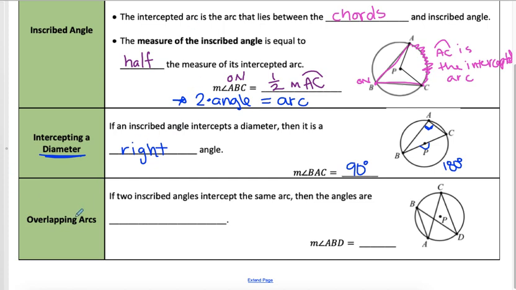The last special case is if 2 inscribed angles intercept the same arc, then the angles are congruent.